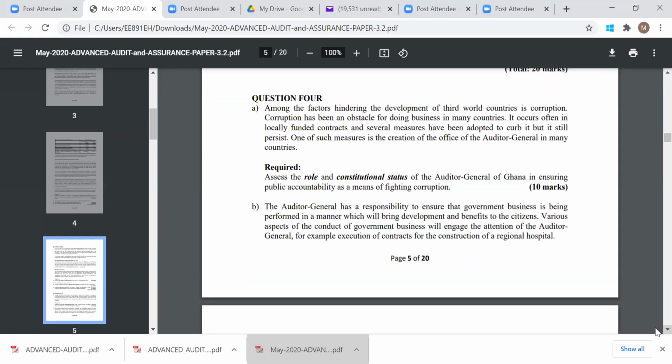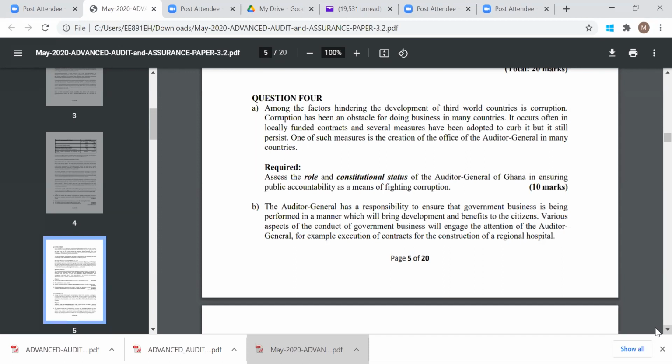He ensures that programs have been undertaken in a way that promotes economy, efficiency, and effectiveness, and that monies that were intended for a purpose have been used for that purpose. He's like a watchdog when it comes to the financial affairs of the country.